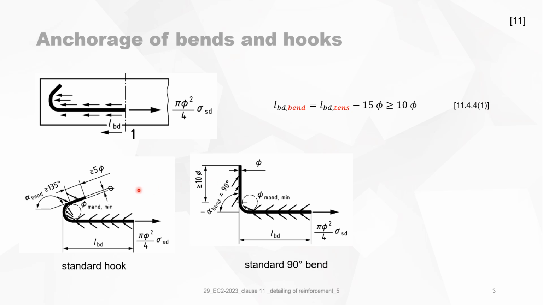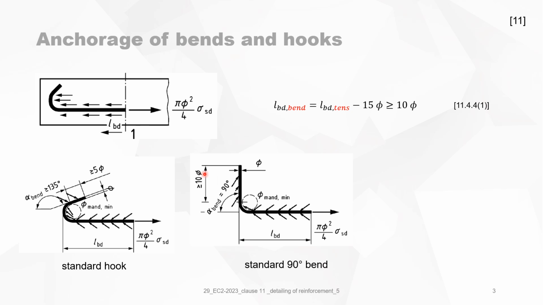This is not very clear. For 135 degrees, it's 5 phi, and for 90 degrees, 10 phi. What is it for other degrees of bending, other values of alpha bend? From which alpha bend do we switch from 5 phi to 10 phi? So this is not clear.